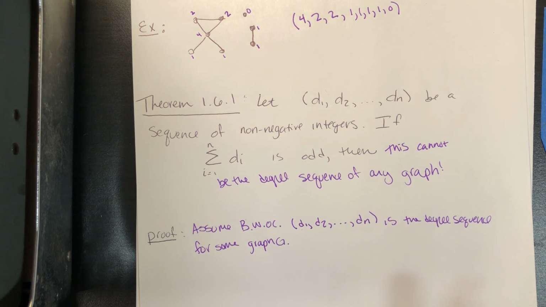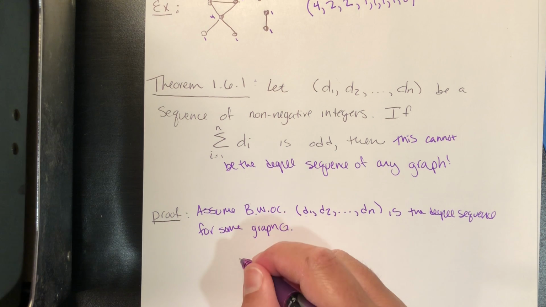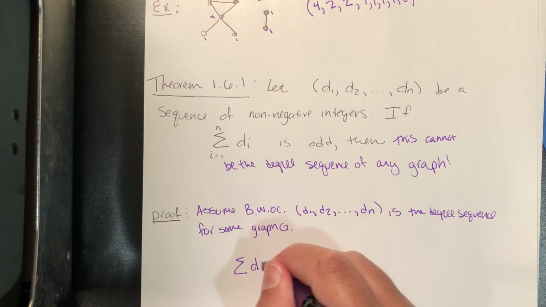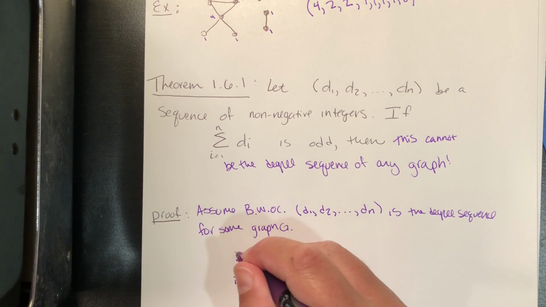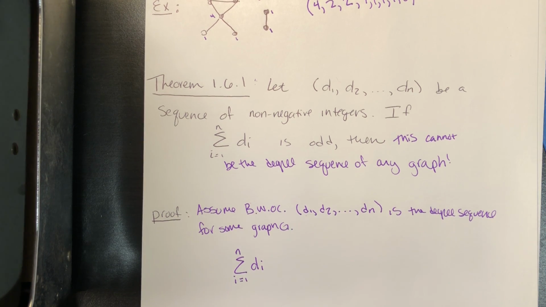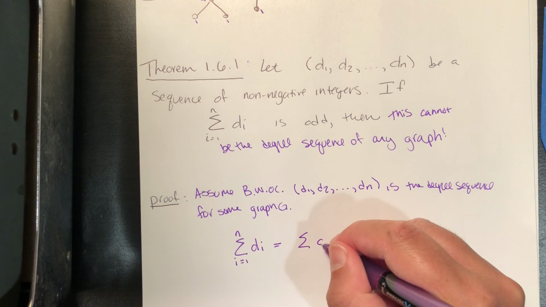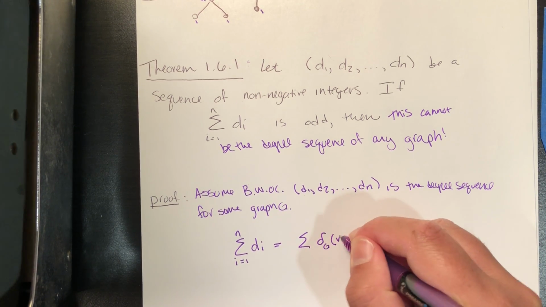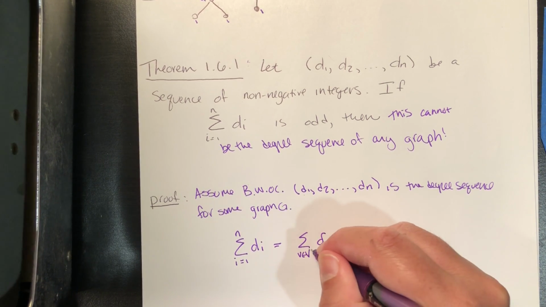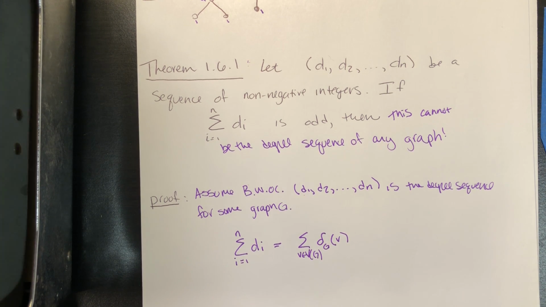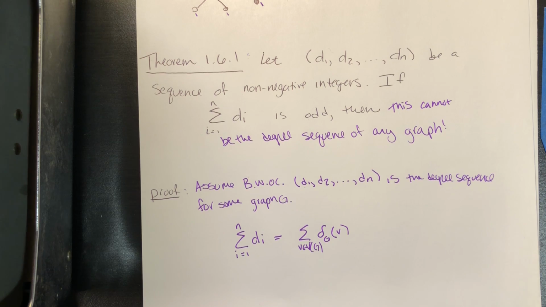And so when we take this sum over all of these di entries, where i is going from 1 to n, it's the same thing as adding up all the degrees of all the vertices in the graph.